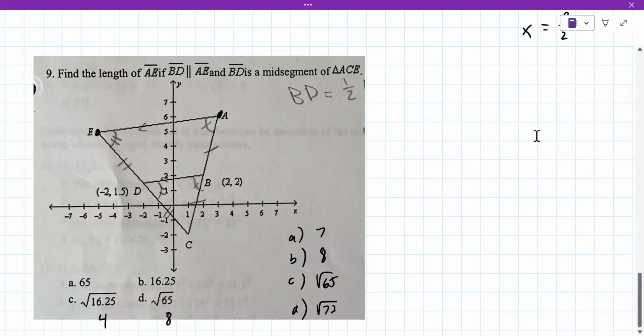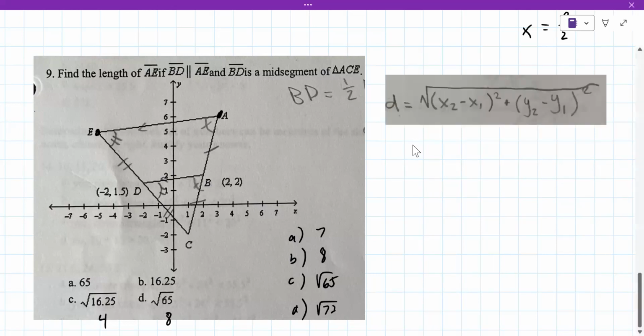Now, do you want us to do the distance formula? Do you want us to review that? Yeah, I would like to do that because my teacher's kind of a stickler about that kind of stuff. Okay, all right. So we do need the ordered pairs at A and E. So A is 3, 6, and E is -5, -5.